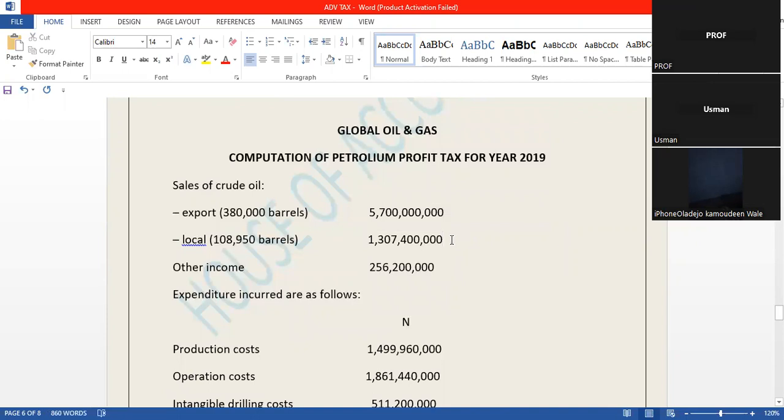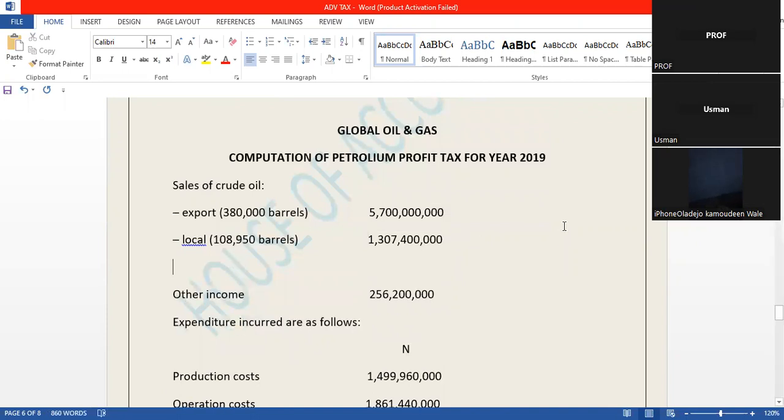So let's add these two together. Let's get our calculator ready, please. What is the addition of these two? The addition of these two will give us what? 5.7 plus 1.3. What is the addition?